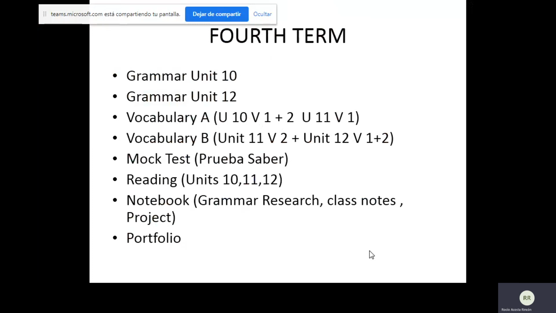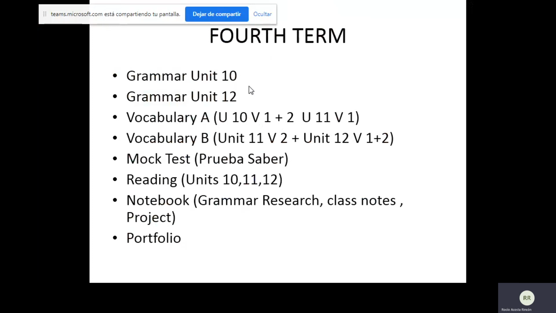So I had to pick the most crucial topics for the remaining part of the book and the program to be covered. That's why I chose these topics. In terms of grammar, we're going to cover only Unit 10 and Unit 12.